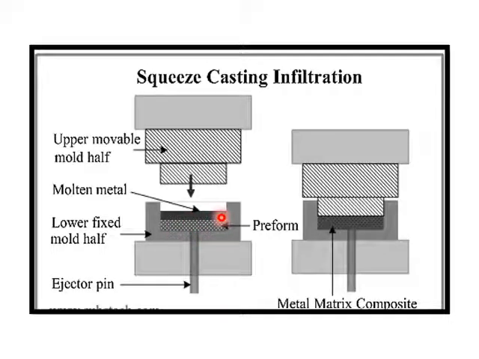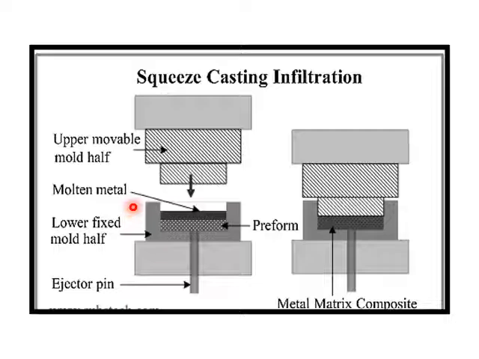Here the lower cavity has the desired shape of the component, and the lower part is provided with an ejector pin. Once the curing of the product is done, the ejector pin is used to eject the final product. Once the mold cavity is designed to the required shape, a preform, that is fibers in continuous or discontinuous, mat or tape form, is placed in the mold cavity.